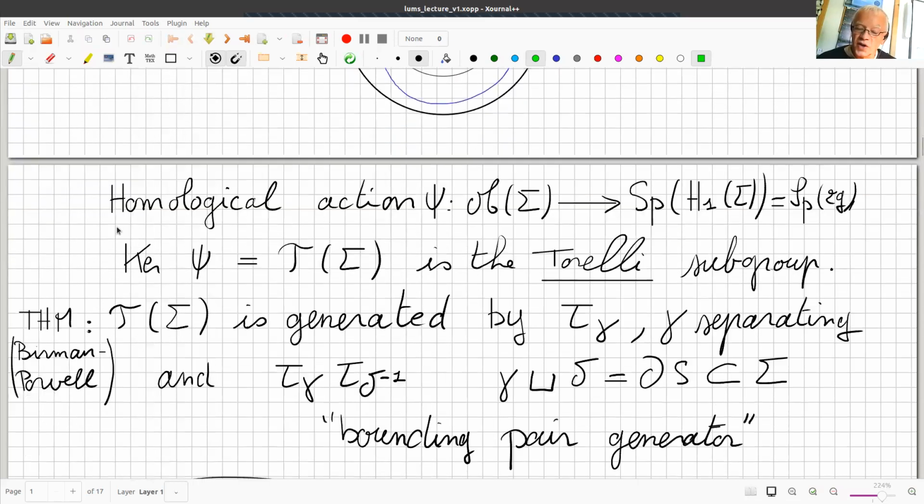And this representation has a quite big kernel, which is called the Torelli subgroup. The Torelli subgroup is formed with those mapping classes which are acting trivially on homology.